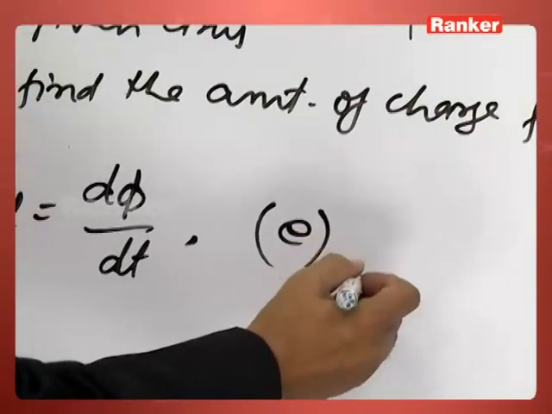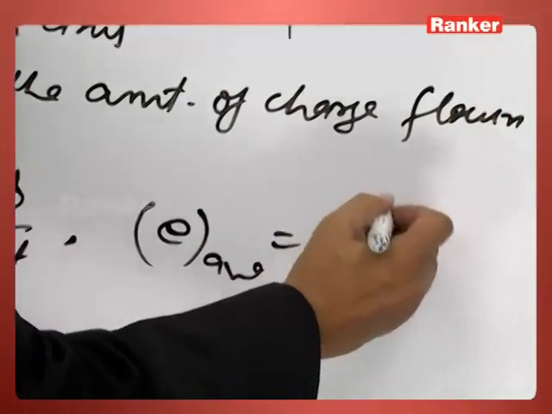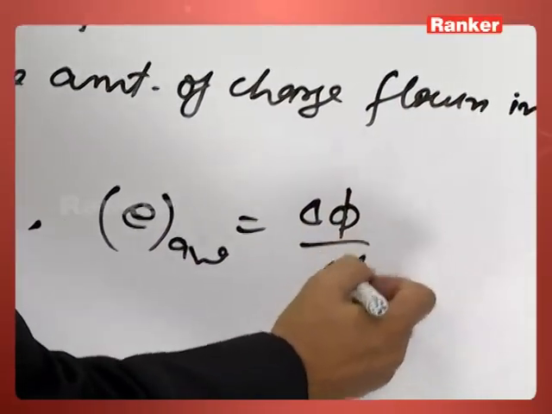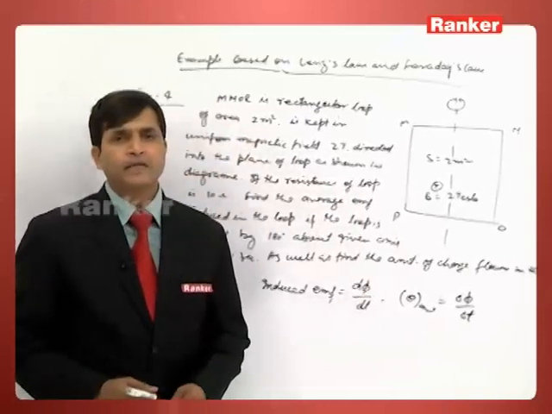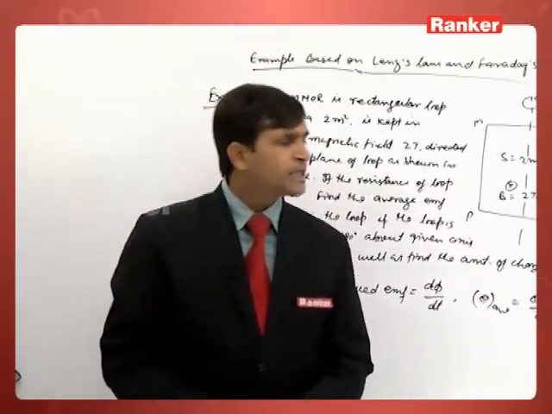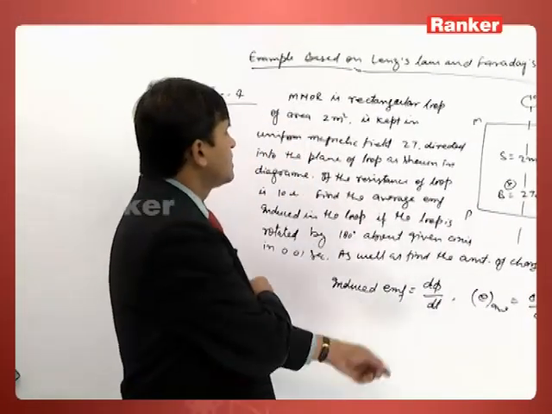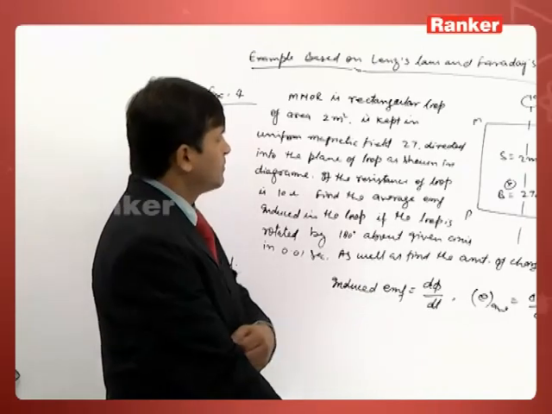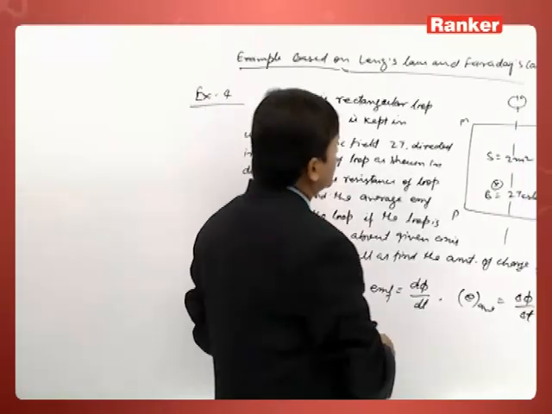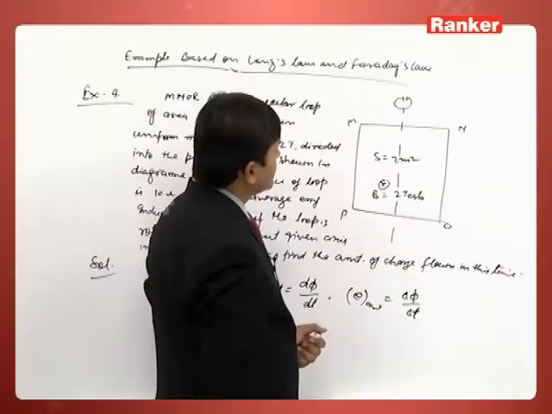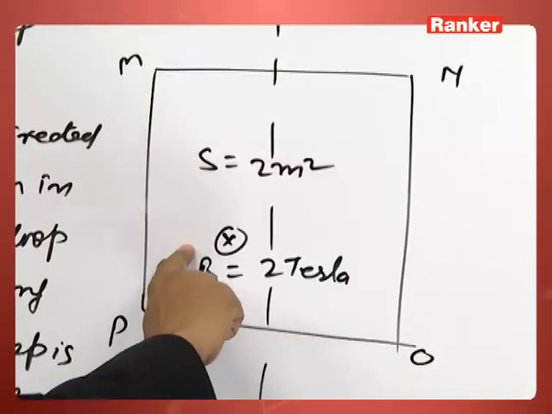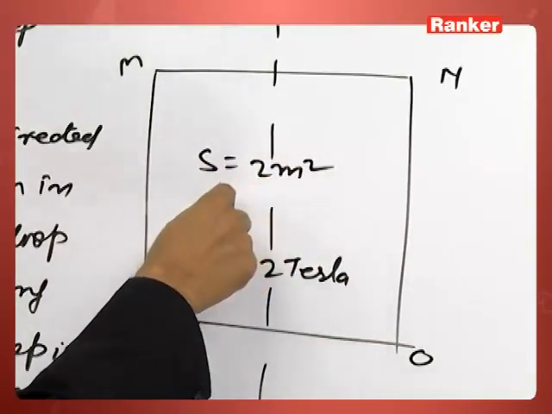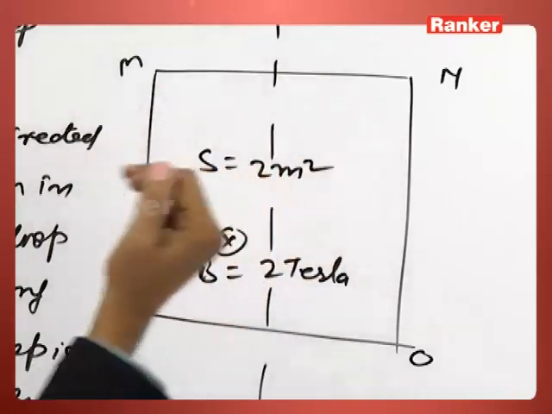E average is nothing but delta phi by delta t, the change in flux per second. Right now, calculating this flux, the magnetic field is inward and the area vector is outward.